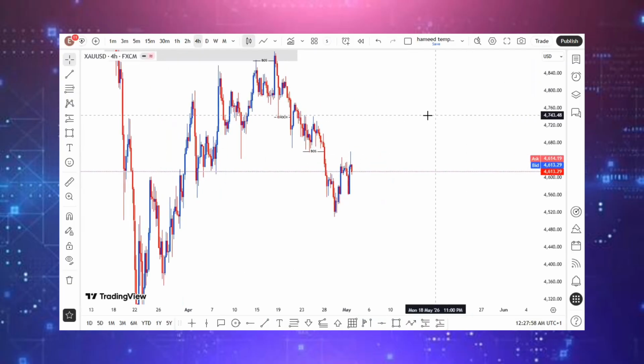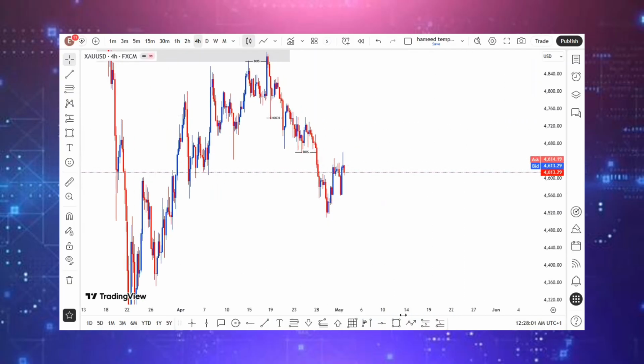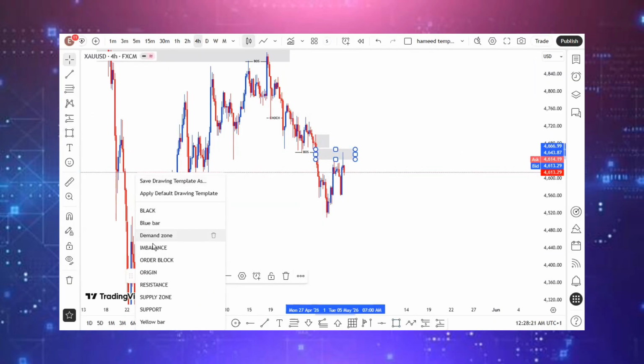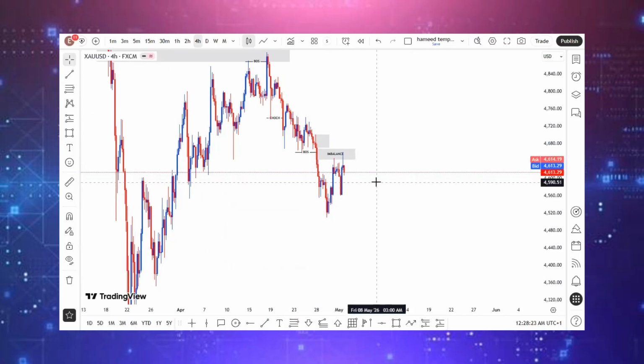So here, after this break of structure, we have this imbalance. The market has already tapped into the imbalance. So the origin that caused the break of structure is sitting here, and this is the imbalance. So the market tapped in once, moved to the downside, and tapped it again.